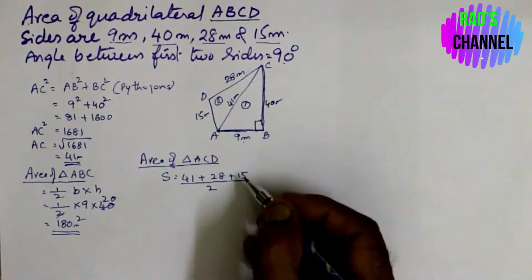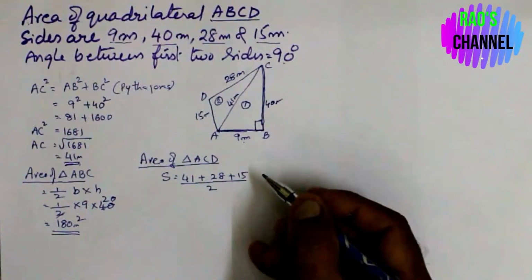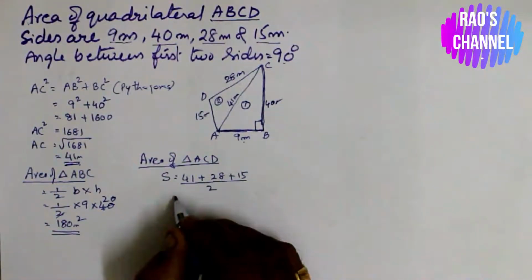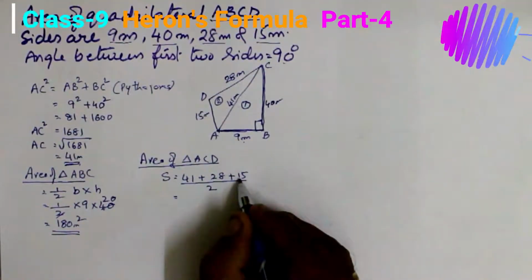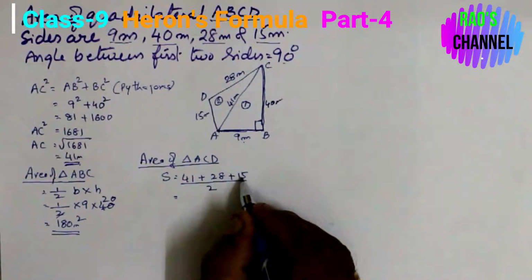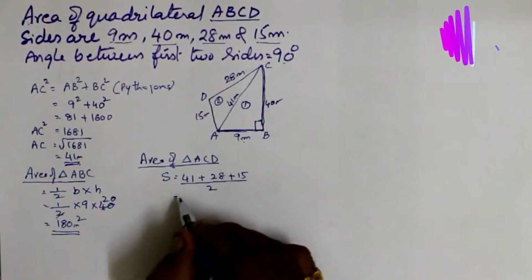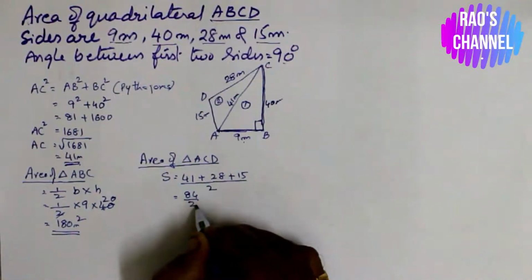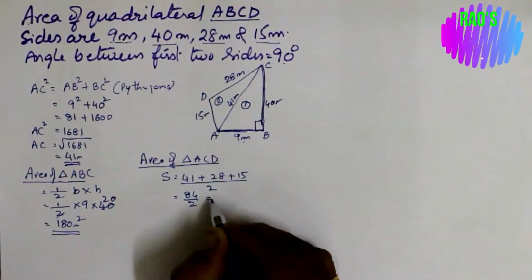This gives the semi perimeter of these sides. 15 plus 28 plus 41 is 84 by 2, which gives 42.